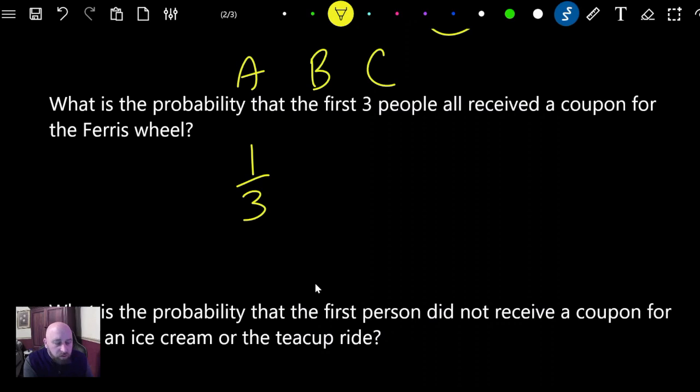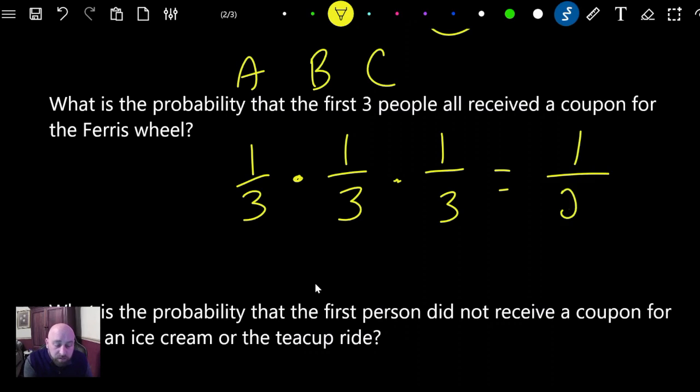Okay? So we're going to multiply. And then the B person has a 1/3 chance of getting Ferris wheel. And the C person also has a 1/3 chance of getting Ferris wheel. Multiply that all up. 1 times 1 times 1 is 1 for the numerator. 3 times 3 times 3 is going to be 27 in the denominator.